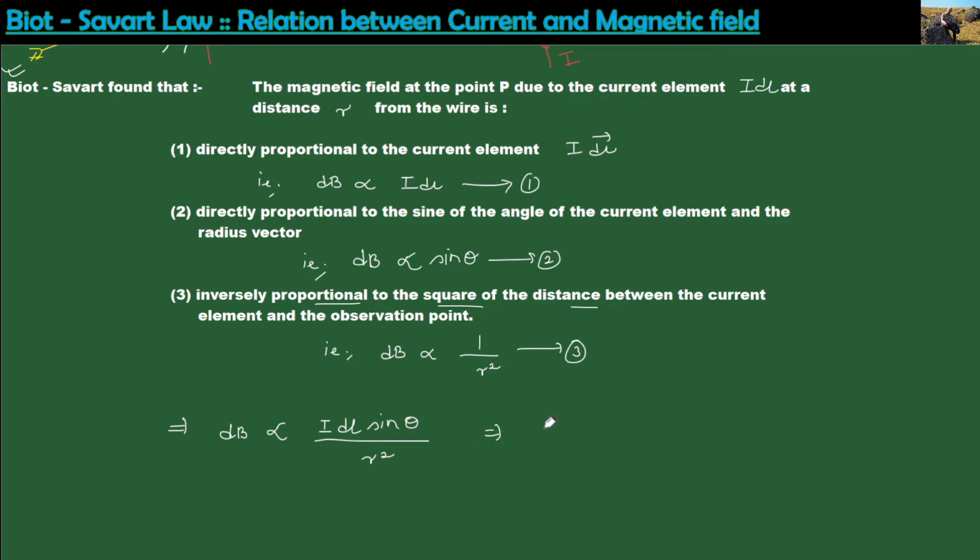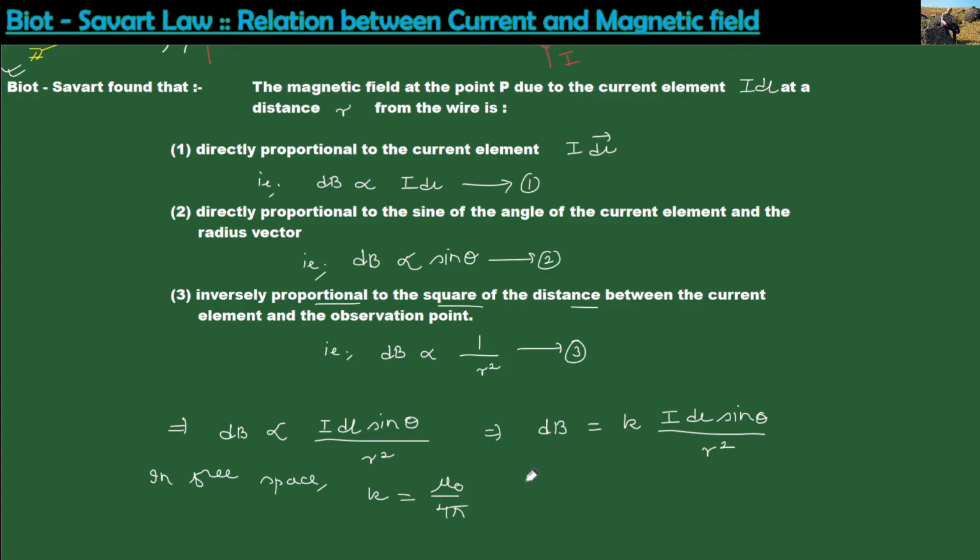In physics we remove the proportionality sign and keep the constant of proportionality, k. If it is in free space, this value of k takes the value of mu naught divided by 4 pi.